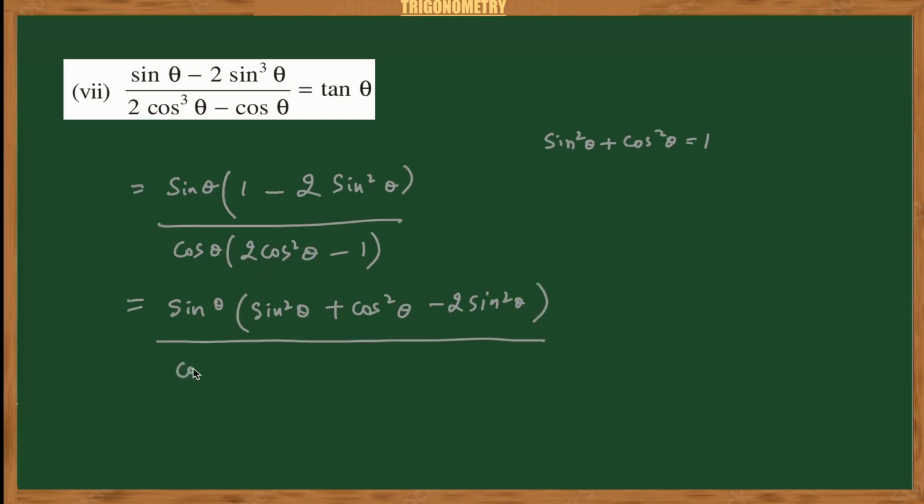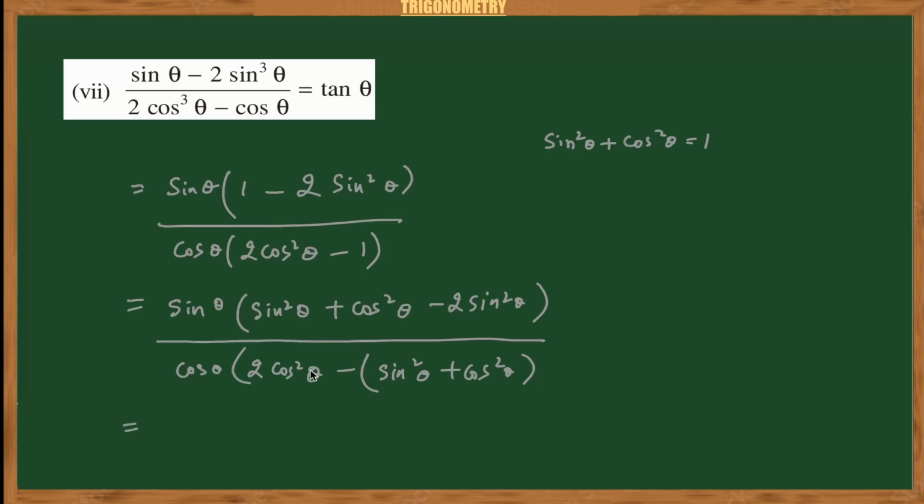Okay, so we have cos theta outside, 2 cos square theta minus. Similarly we can do, so here it will get cancelled. Let's put minus 1 instead of 1. Minus sign is here, 1 we'll put as sin square theta plus cos square theta.